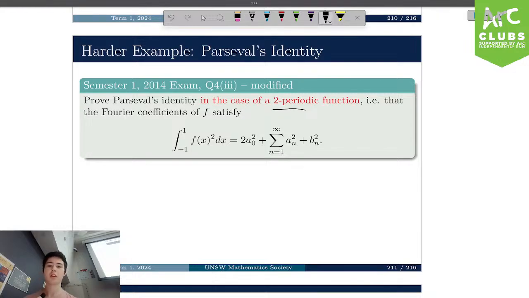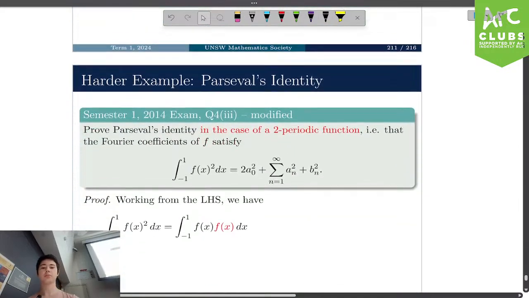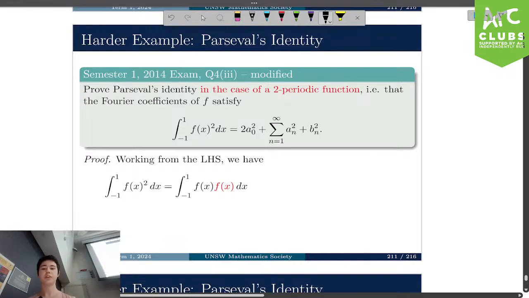So we go from -1 to 1 of a function, and we want it to satisfy that the integral of the function squared equals 2 times the a0 coefficient squared plus the summation of the squares of all the other coefficients. So to prove this, we want to just break it up.